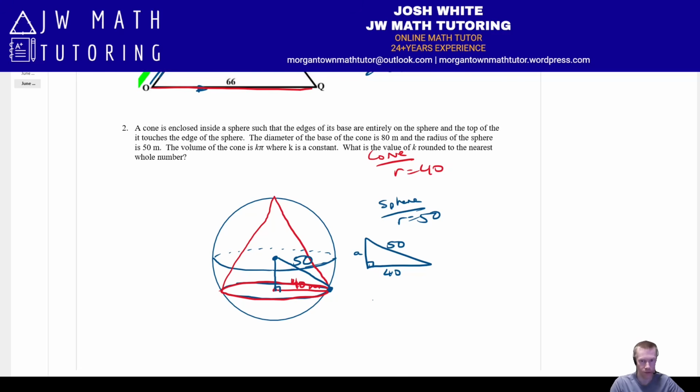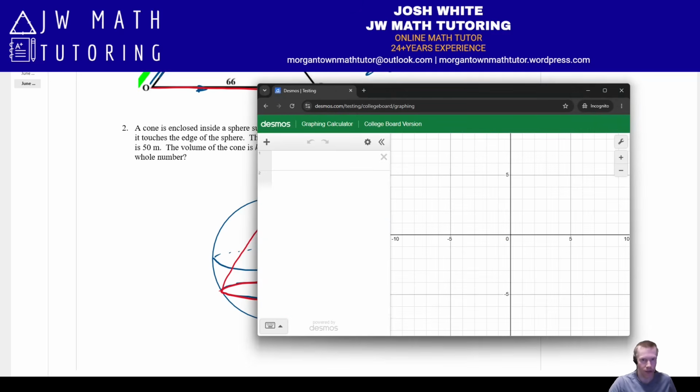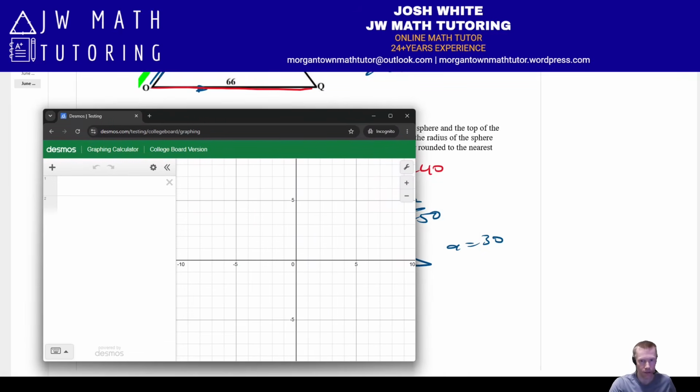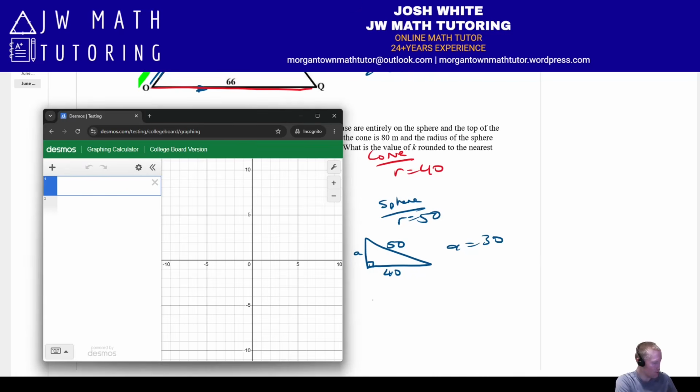You can solve for this using the Pythagorean theorem, or if you recognize that this is really a 3, 4, 5 right triangle scaled to 30, 40, 50, you might already recognize that this distance is going to be 30. But if not, if you can keep the triangle on there, you can just go ahead here and use regression. There we go. Okay, A is 30.